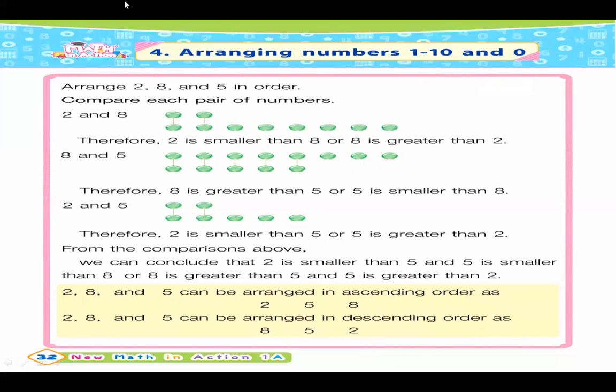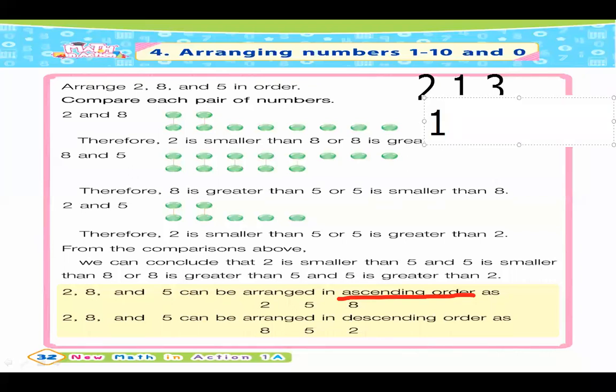Let's have an example, student. Let's say 4, 2, 1, 3. If we arrange it in ascending order, that means we will start from 1.